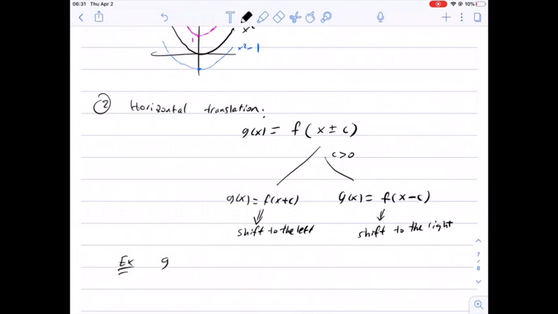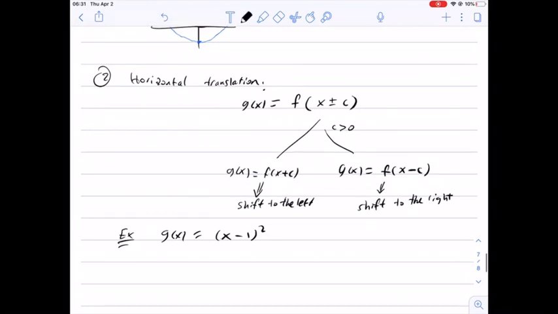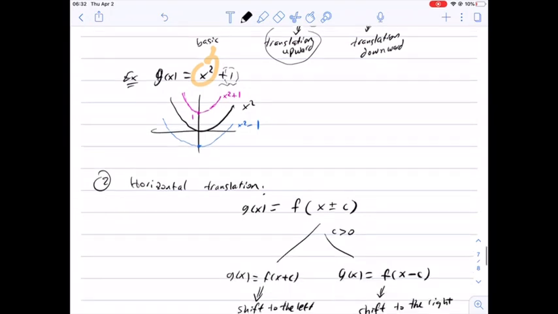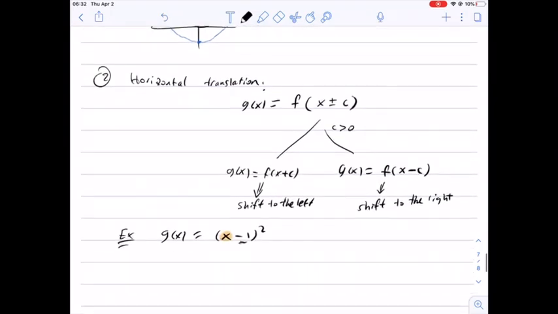So for example, if we have g of x equals x minus 1 squared, as we can see here, we subtracted 1 from the variable x. We didn't subtract it from the whole function as we had in the previous example. In the previous example, we added or subtracted from the basic function, but here we are subtracting from the variable.